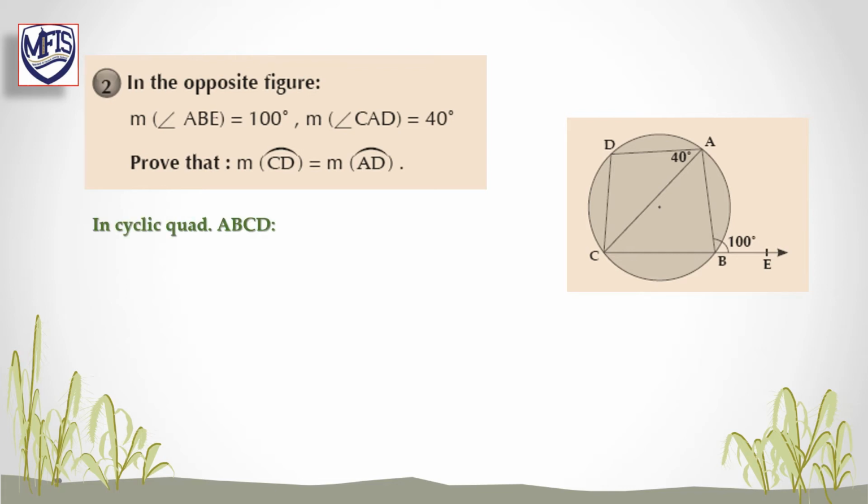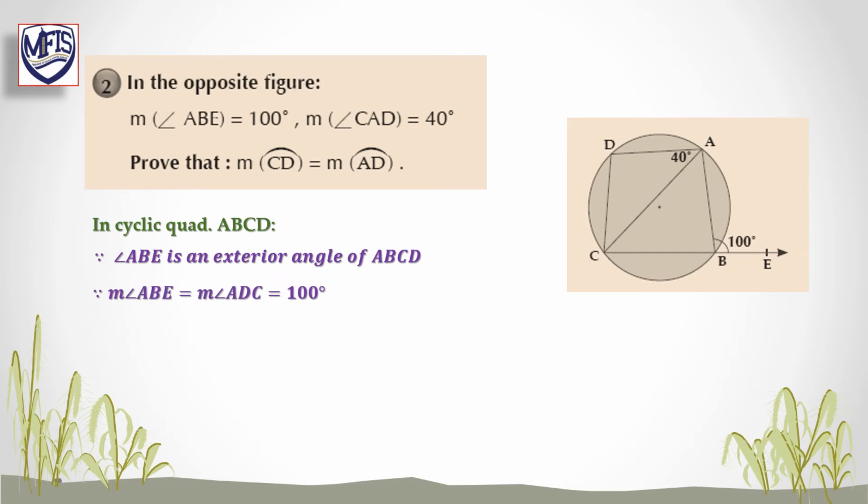In cyclic quad ABCD, since measure angle ABE is an exterior angle of cyclic quad ABCD, therefore measure angle ABE equals measure angle ADC equals 100.